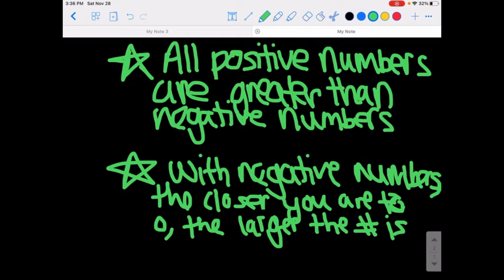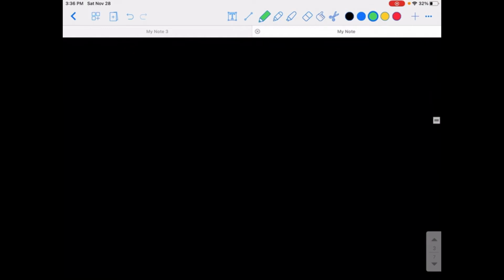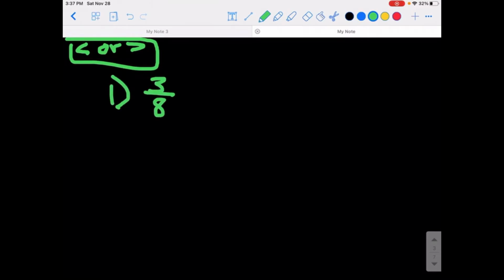Now that we've written these, we can do some examples with comparing, right? We compare using the less than or greater than symbol, and I'll write them on the side so you can keep that in mind. The first example I have is 3/8 and 2/7.